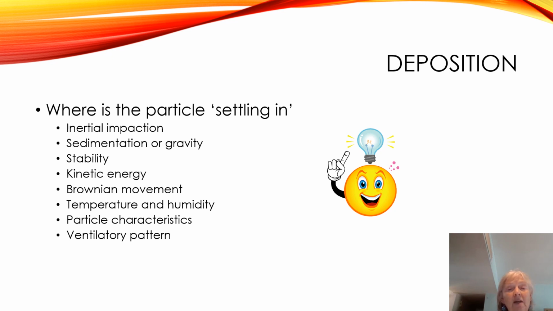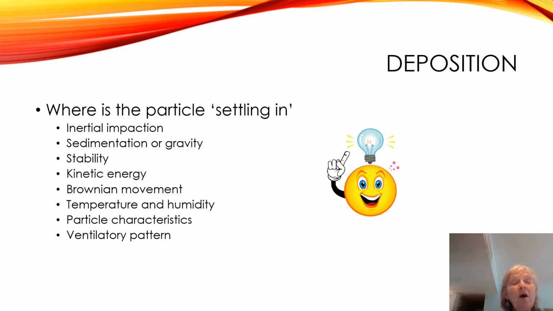Sedimentation, or gravity, is basically about the size of the particle: where is it going to fall out of suspension? Again, that also depends on the size of the particle at that point. Stability and Brownian movement, we can put these two together. Brownian movement, for the most part, is the random movement of small particles. How are they stable?